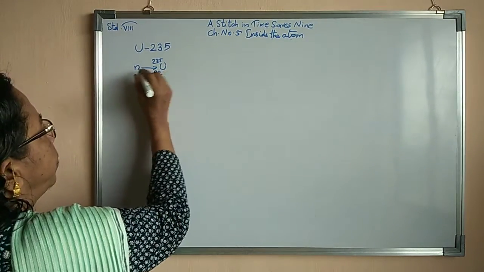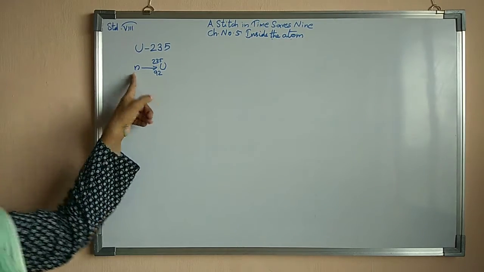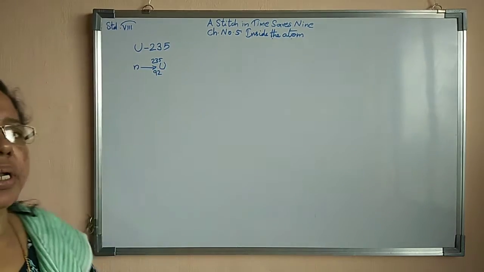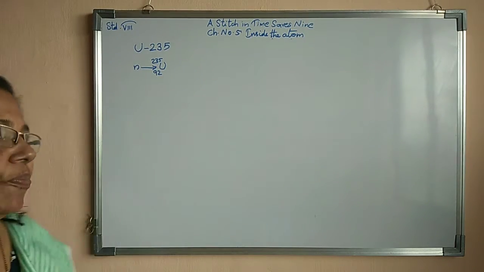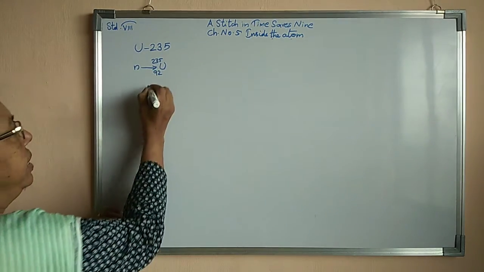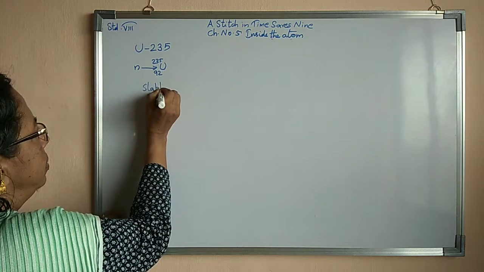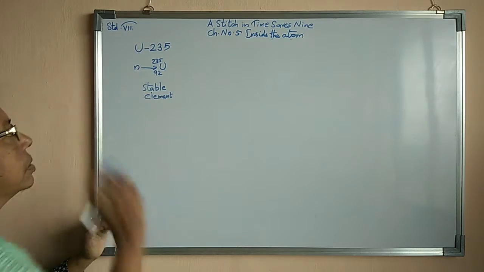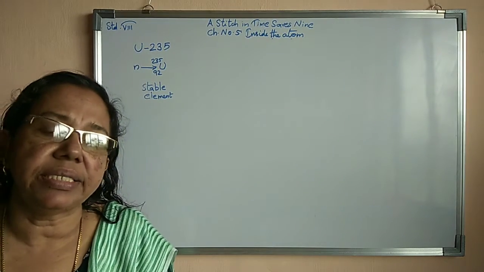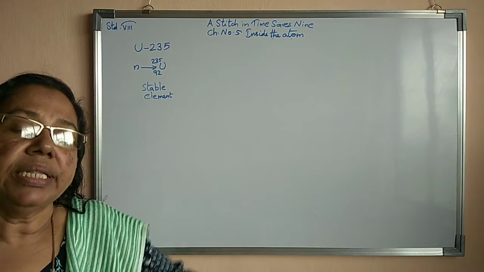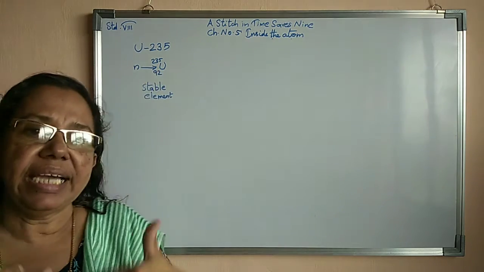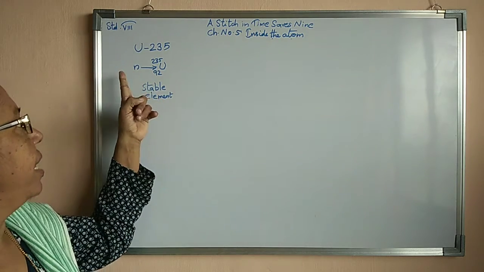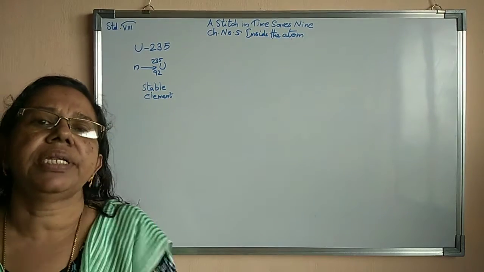Bombarding means hitting a neutron on uranium-235. Uranium-235 is a stable element. First, they are making this stable element an unstable element.